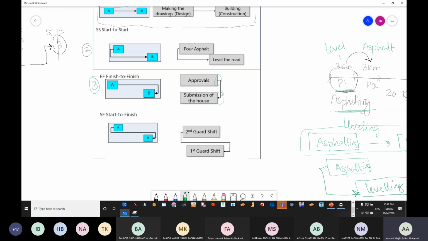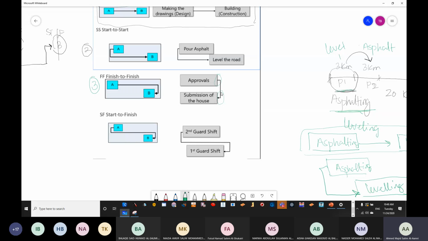But officially, when he will be receiving the house and I'll be submitting the full house, is only when all approvals have finished. Okay, so in this scenario, I need to finish all the approvals in order to finish the submission of the house to the client.